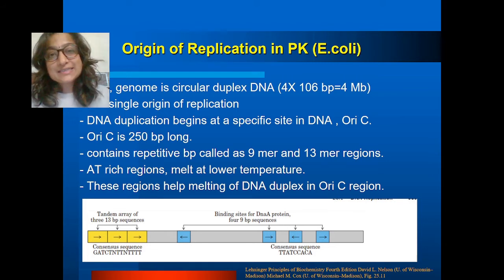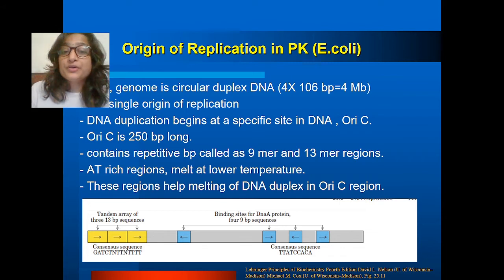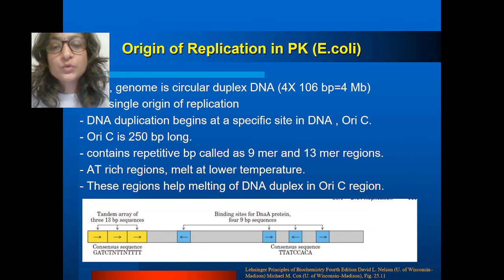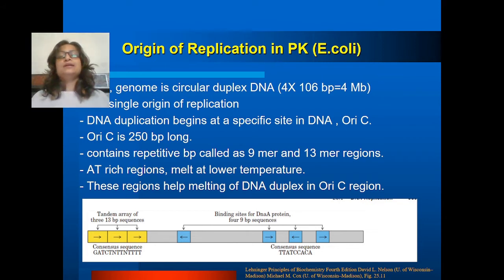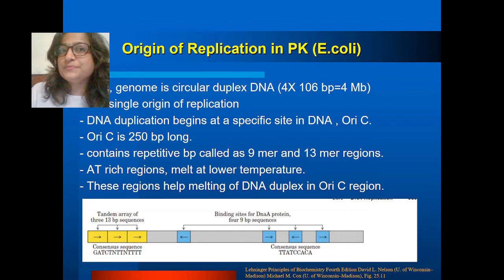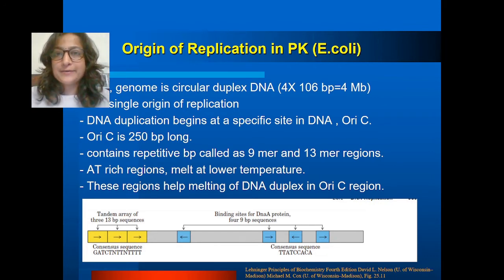Now let us understand the origin of replication in prokaryotes. The typical example is E. coli. So we will discuss in detail the origin of replication as found in E. coli.